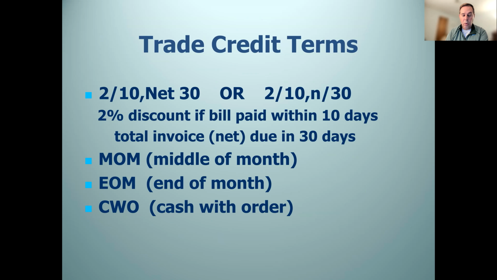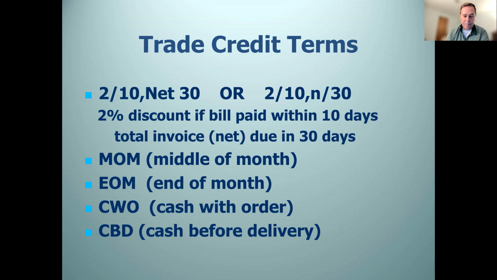CWO is cash with order. So in other words, you have to pay for it when you order the item. Cash, or could be credit, but we're just saying that it needs to be paid when the order is placed. CBD is cash before delivery, not having anything to do with cannabis, but rather cash before delivery. So you can place the order, but before it's going to be delivered, it would need to be fully paid.